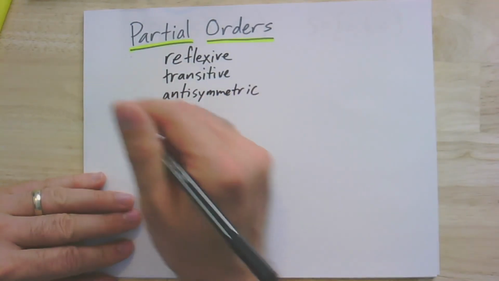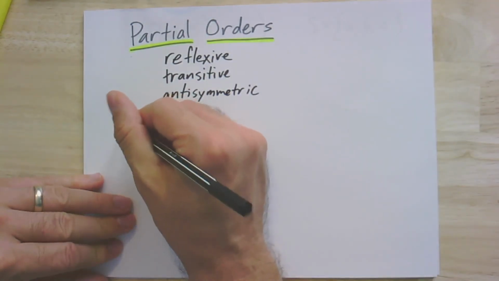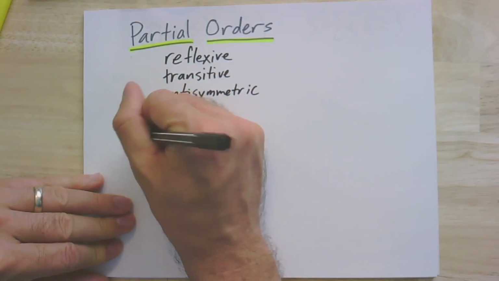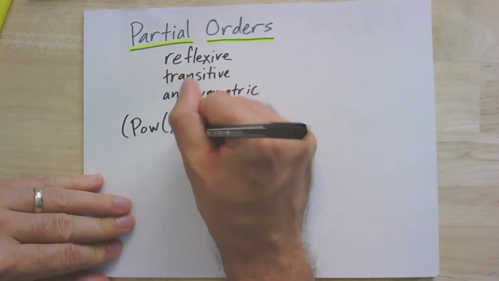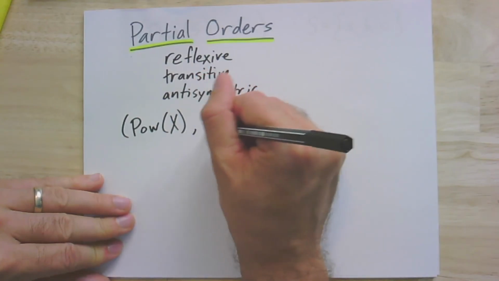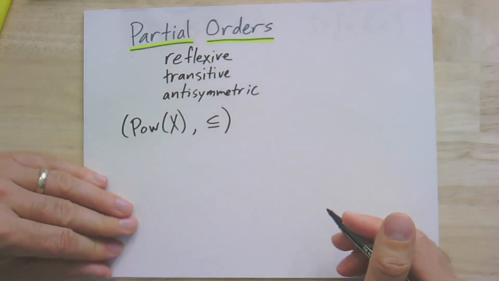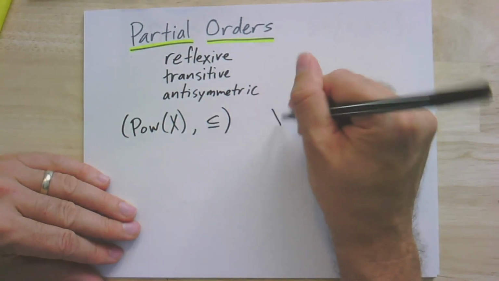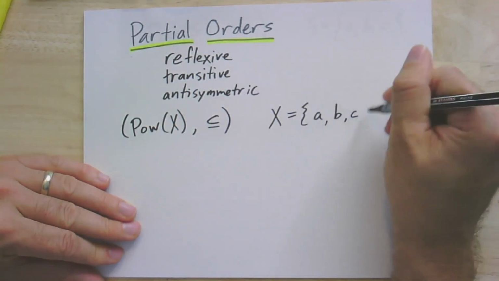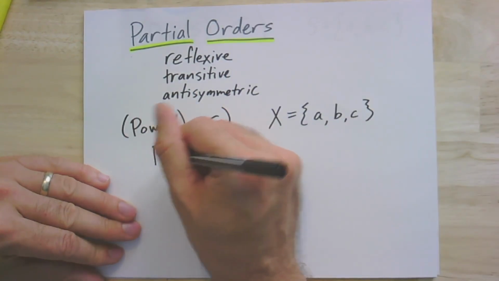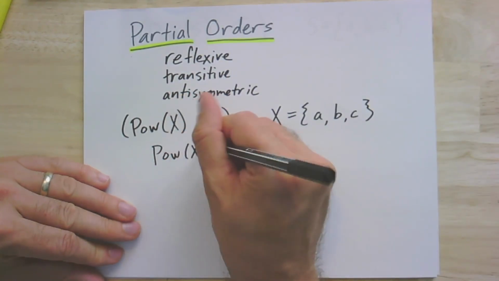I think the canonical example for this is if you take a finite set X and you take its power set, and then you take the subset relation. So let's define X to be A, B, and C. I'm going to use a sort of shorthand for its power set.